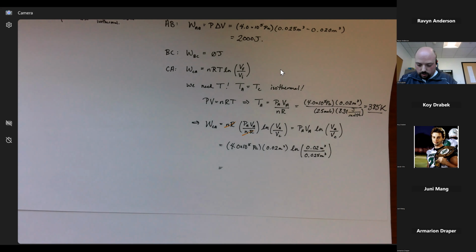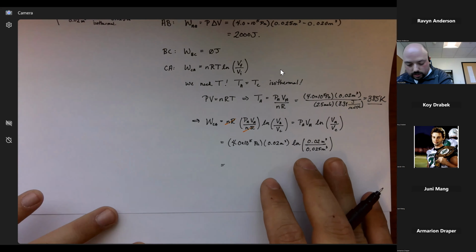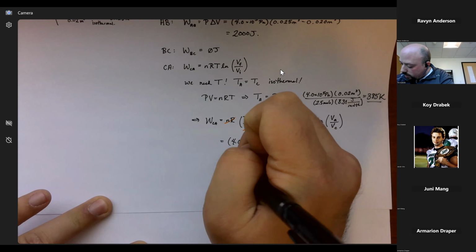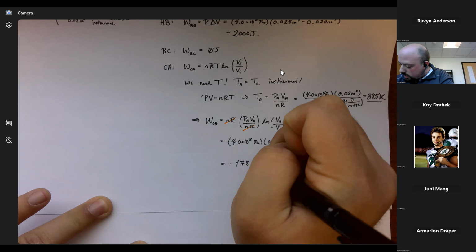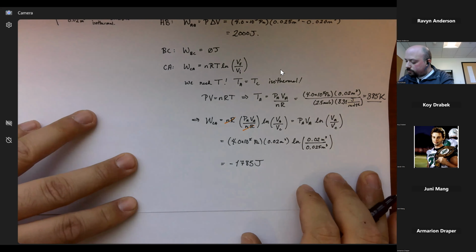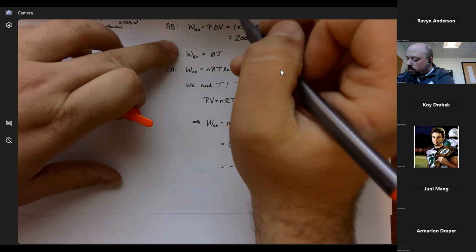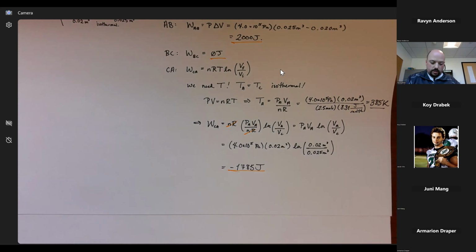So, all right, which gave me a different number, obviously, because I had a different temperature. But in this case, I get the work that's done is minus 1785 joules. Okay, and so we had this work, and this work being done.